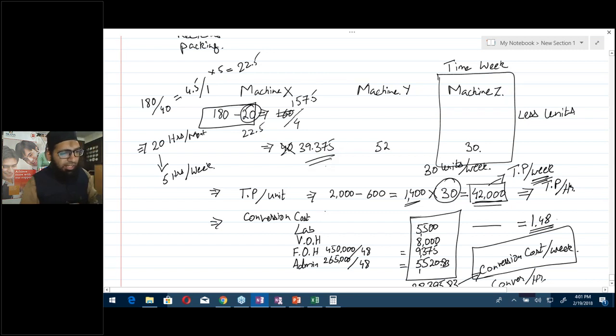So this will be the right calculation, and still machine Z will be my bottleneck. After rectifying the calculation, machine Z will be my bottleneck. Yes, we do need to calculate the lost units. It was just my reading mistake.